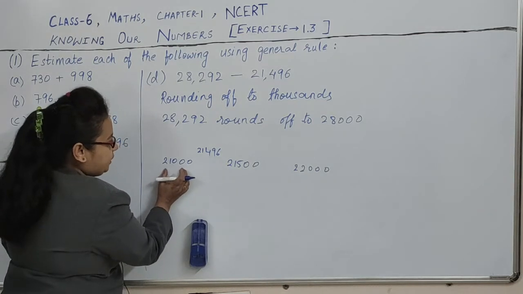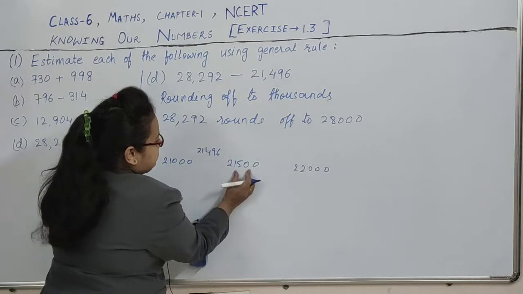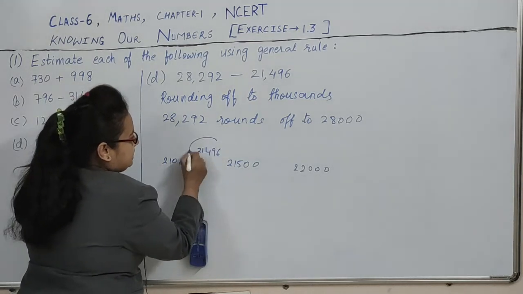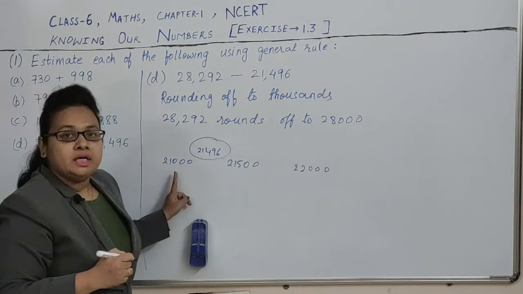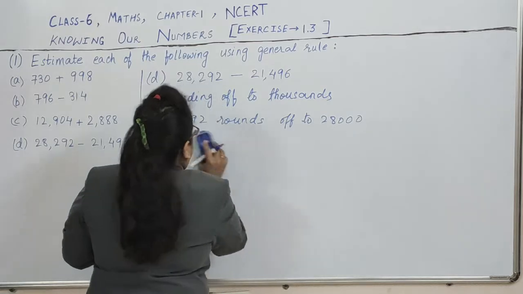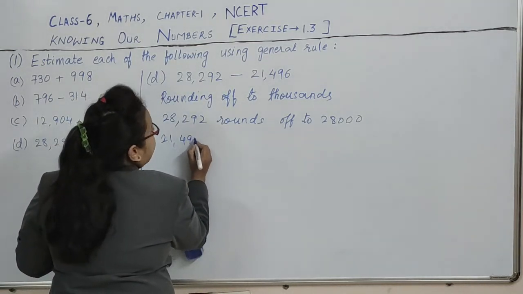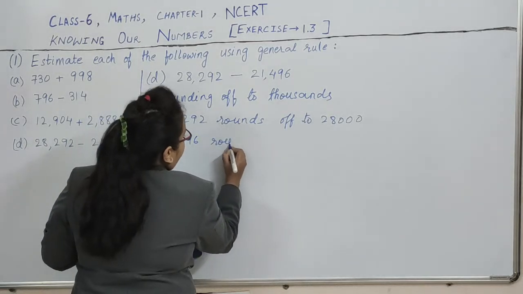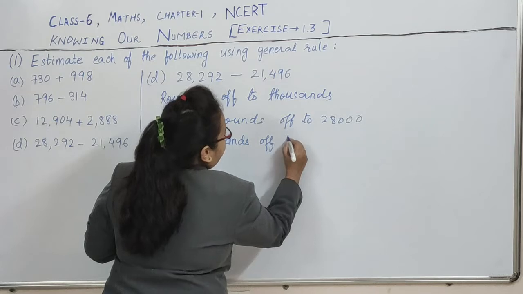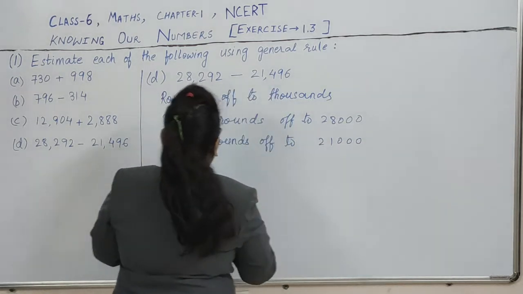It means it is closer to 21,000. So this number will be rounded off to 21,000. So 21,496 rounds off to 21,000.